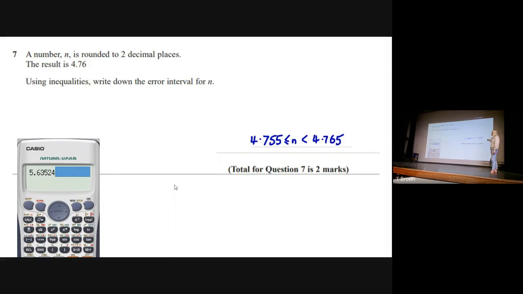I could go up to 4.76499999 recurring. And that's so close that we might as well just write that. But we're not going to say it's equal to, because if it did equal that, it would round up, you're right. Okay, so at this end, it equals it, because that would round up, and that's okay. At this end, it doesn't equal it, because if it actually equaled that, it would round up.